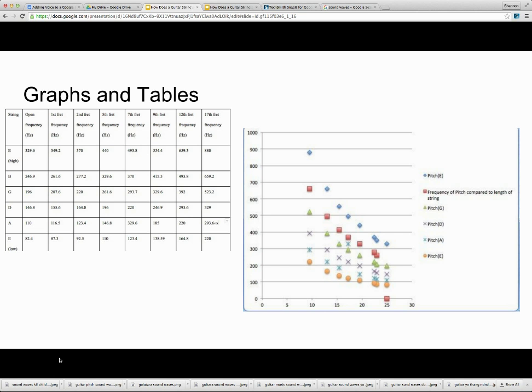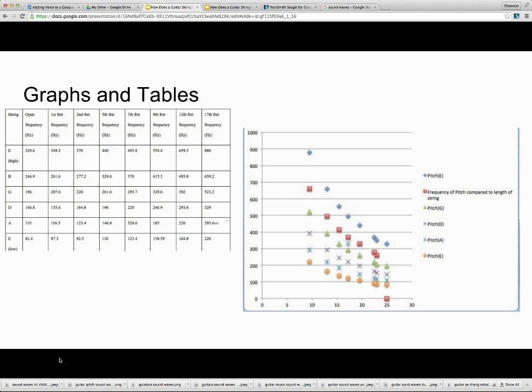Here are the graphs and tables. So on the left, I have a graph, and as you can see, it shows you the frequency for each fret. As you can see, the frequency gradually rises with the fret, and the higher E string, you guessed it, had a higher frequency.